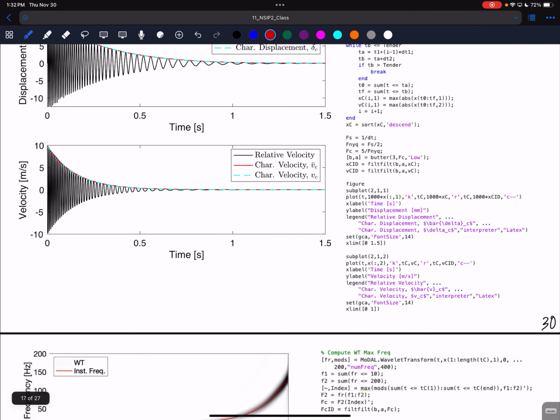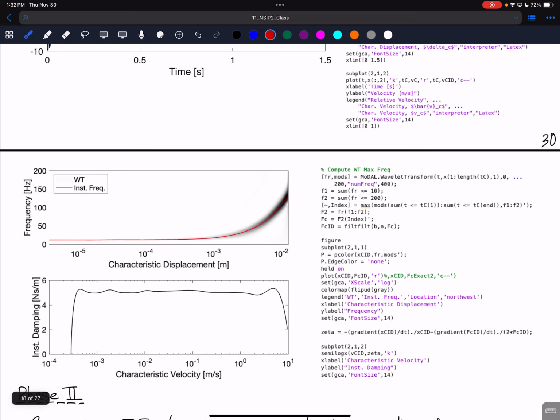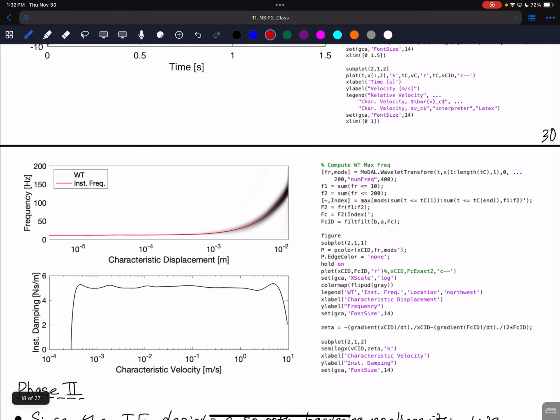After that, we plot the wavelet transform as a function of the characteristic displacement shown here, and then we extract the instantaneous frequency by tracking the maximum amplitude and how that changes in the wavelet transform. So we're tracking the location of that maximum amplitude with respect to frequency.